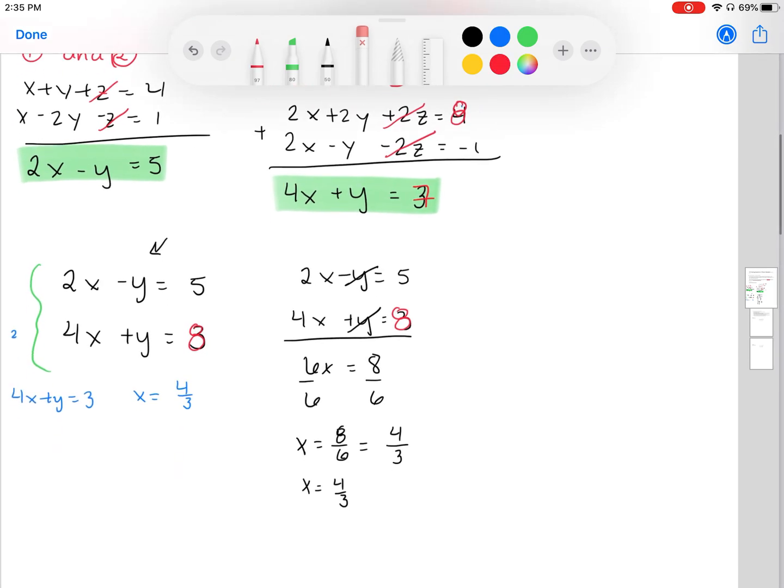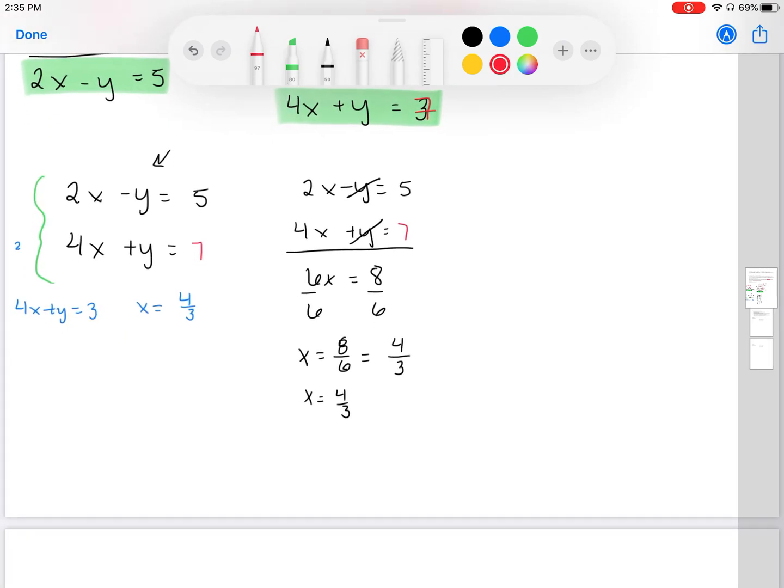This right here is a 7. And 5 plus 7 is 12. So this is a 12. There we go. So 12 divided by 6 gives us 2. x is equal to 2.